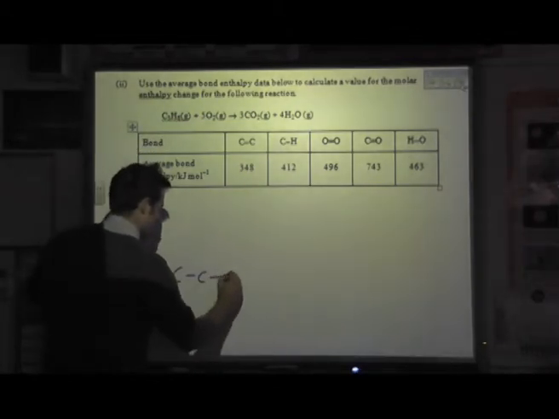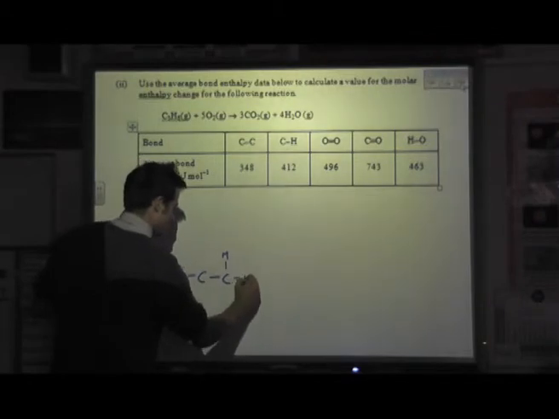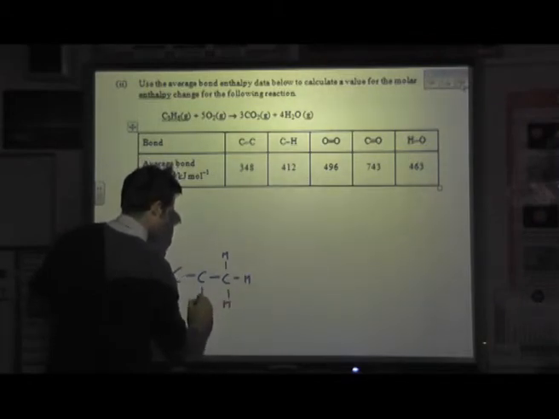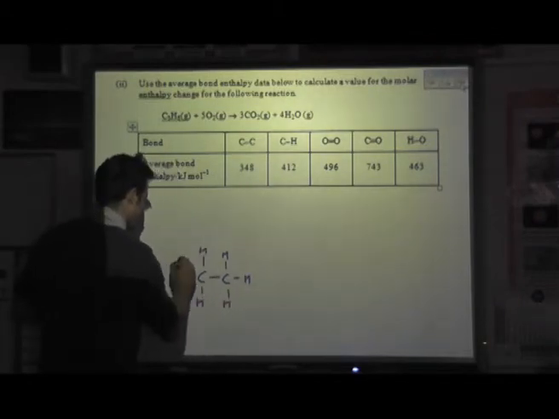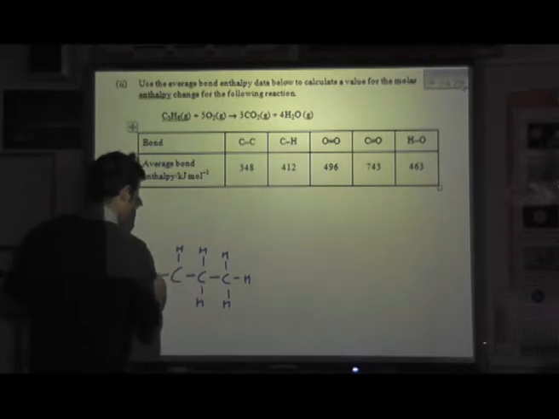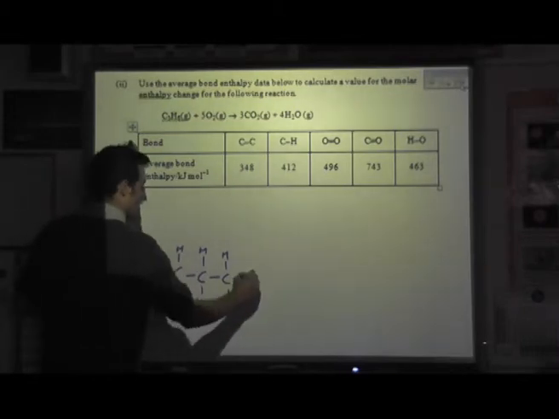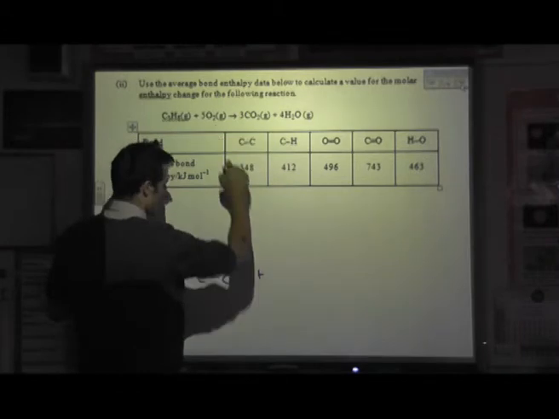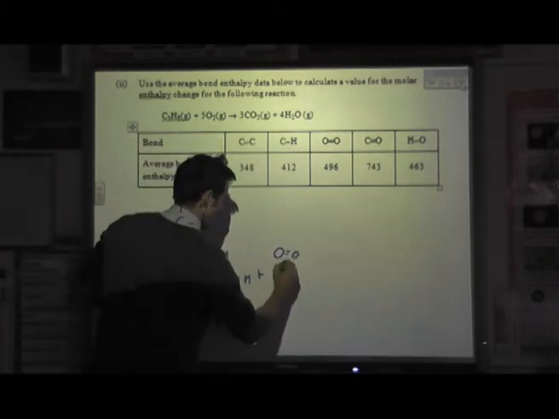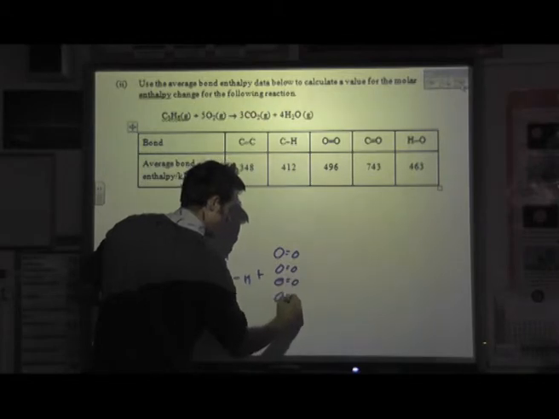3 carbons, 8 hydrogens, and I know this seems a bit long, but you don't want to make any mistakes, and you'll really be understanding what's happening here. Plus 5 O2.